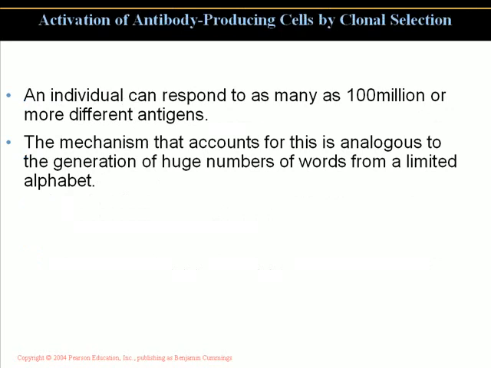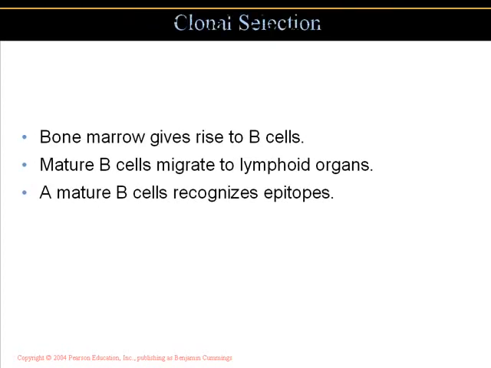An individual can respond to as many as 100 million or more different antigens. The mechanism that accounts for this is analogous to the generation of a huge number of words with a limited alphabet. So our immune system has to be versatile, able to recognize certain microorganisms and attack them.